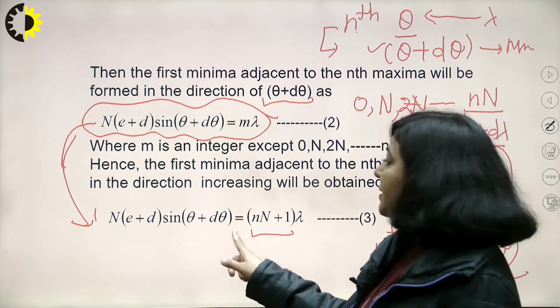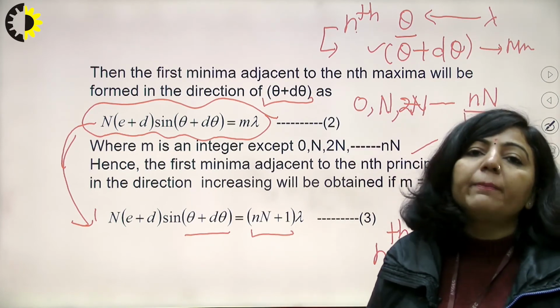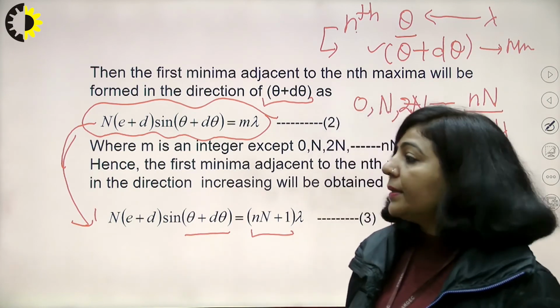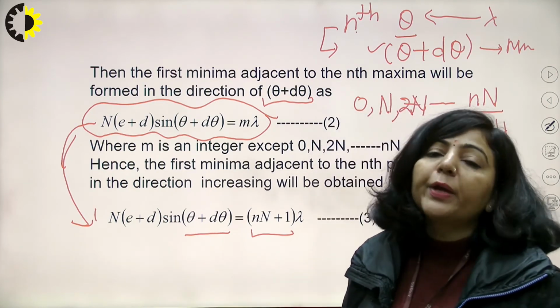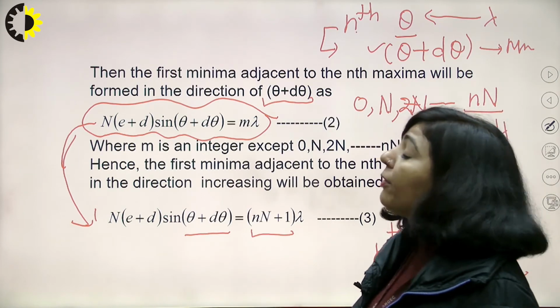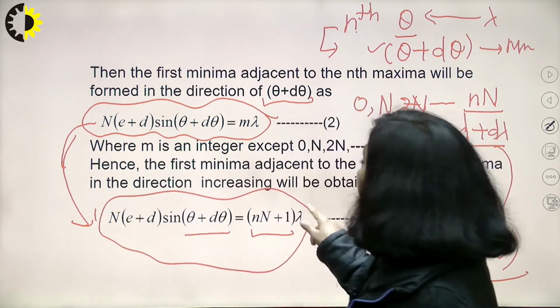So when I take the angle as theta plus d theta, I take the order as nN plus 1. And if I take the angle of diffraction as theta minus d theta, then I take the order of minima as nN minus 1. That's the way I have decided the order of minima here. So you are getting equation number 3.